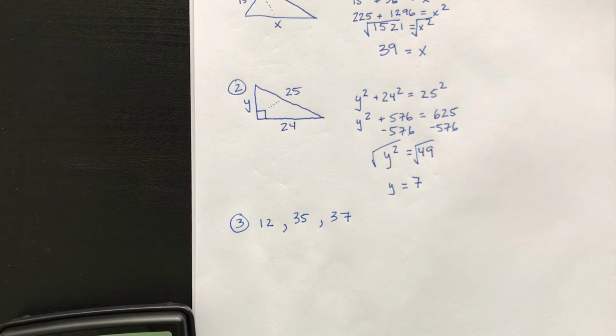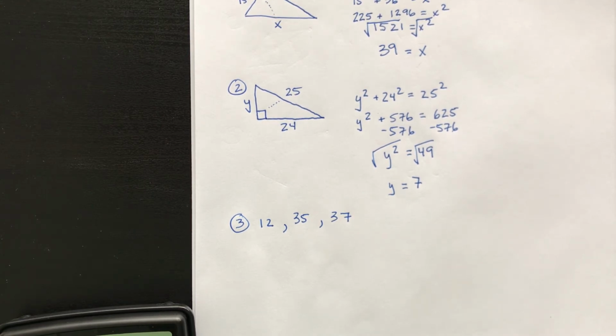Because the converse of the Pythagorean theorem is true. The Pythagorean theorem, the regular theorem, basically says, if you have a right triangle, then a squared plus b squared equals c squared. The converse says, if a squared plus b squared equals c squared, then you have a right triangle.